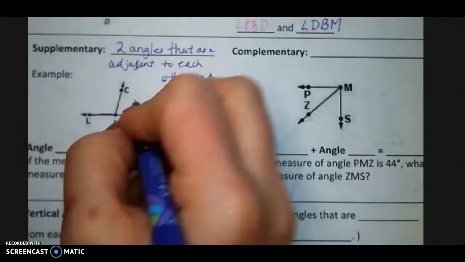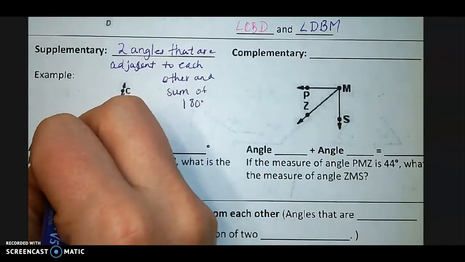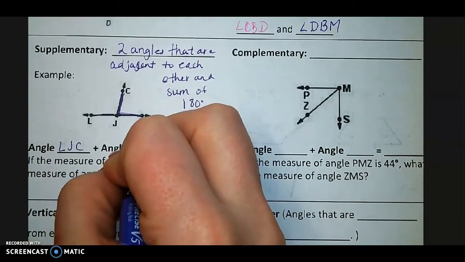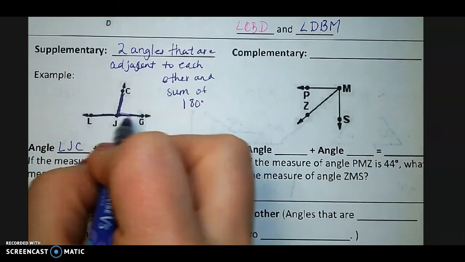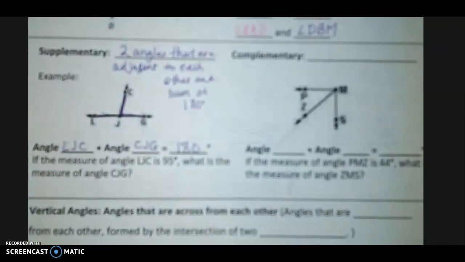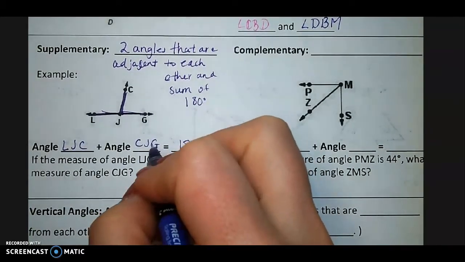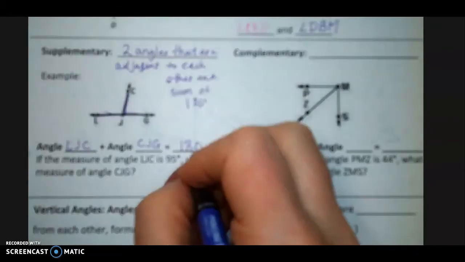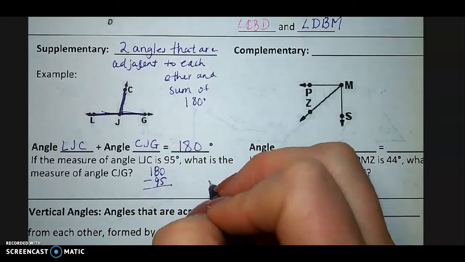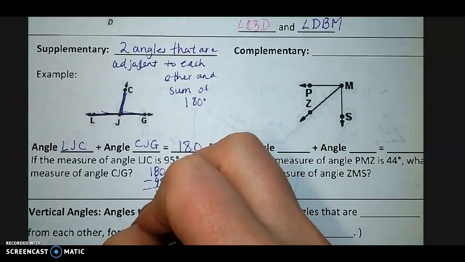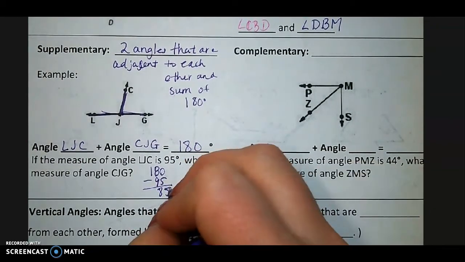So if I looked at these right here, angle LJC and angle CJG, if I added up those angles, they make 180 degrees because they make that straight line down there. So if LJC is 95 degrees, because it's a little bigger than 90, I could do 180 minus 95, and I would get that it was 85 degrees.